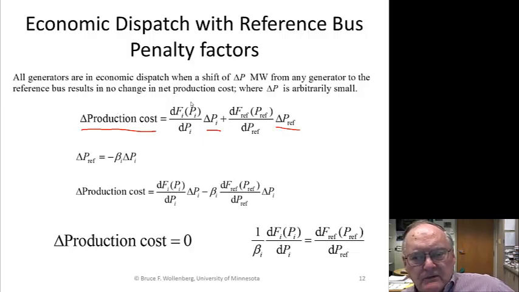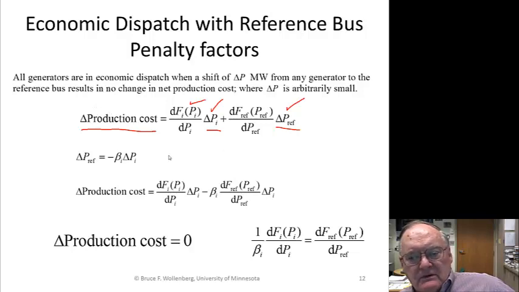Well, to a first approximation, we take the derivative of Fi with respect to Pi times delta Pi, the derivative of F with respect to P ref times delta P ref, and we add them up. Now we know that this one is going to go negative if this one is positive, but that tells us what the total change in production cost is.